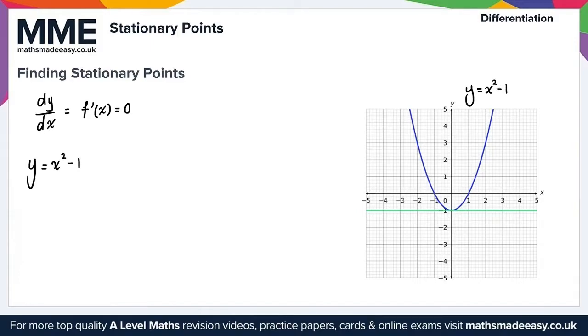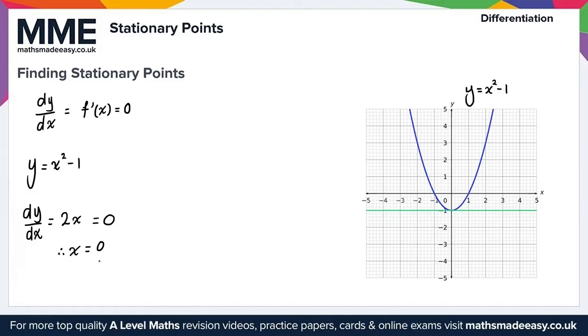Well, we know that the gradient is given by dy by dx. Calculating dy by dx here simply gives us 2x. So setting dy by dx, which is equal to 2x, equal to 0, if we solve for x, that just gives us x equals 0.